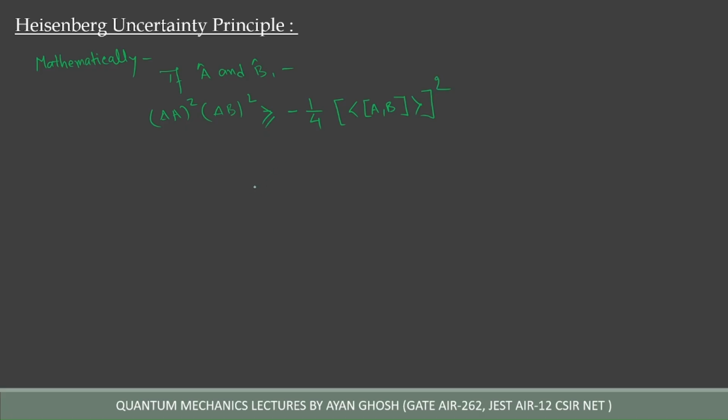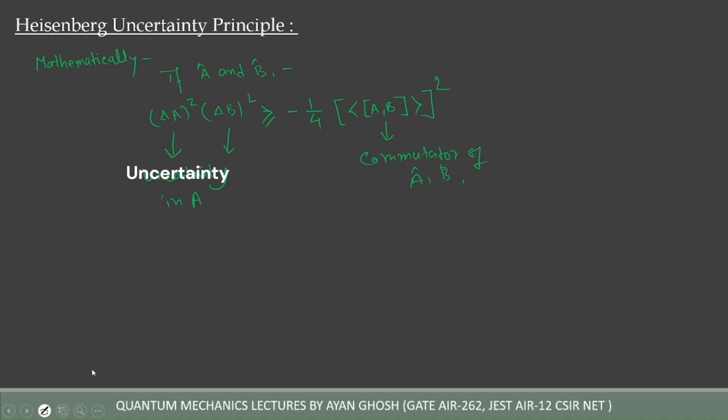This is the mathematical relation of the uncertainties, where delta A represents the uncertainty in A and delta B represents the uncertainty in B, and this is the commutator of operator A and operator B.